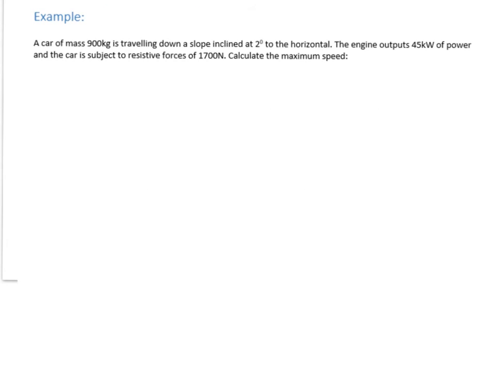Let's have an example of putting that all to good use. So let's look at this question here. We've got a car of mass 900 kilos. It's down a slope angled at 2 degrees to the horizontal. So let's, as always, do a sketch. We've got 2 degrees in there.